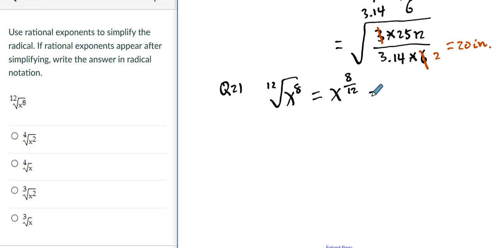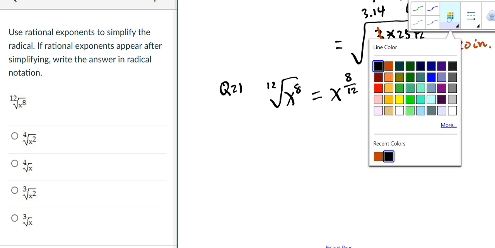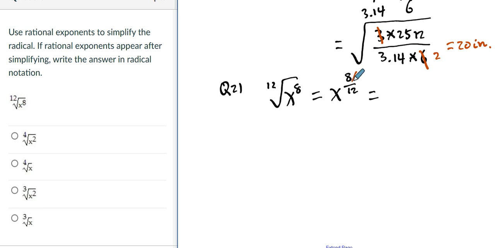And you know there is a common factor 4 there. So you may divide by 4 here and here. So then you will have x with upstairs 2, downstairs 3.